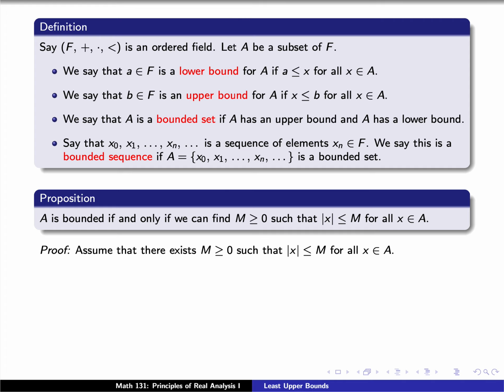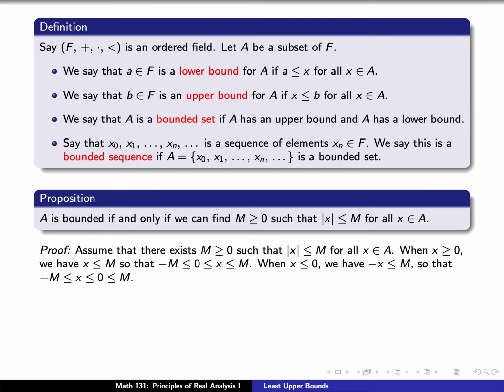Let's assume first that there does exist an m such that the absolute value of x is less than or equal to m for all x in the set A. Well, we have two cases to consider. If x is positive, then we can say x is less than or equal to m because the absolute value of x equals x.